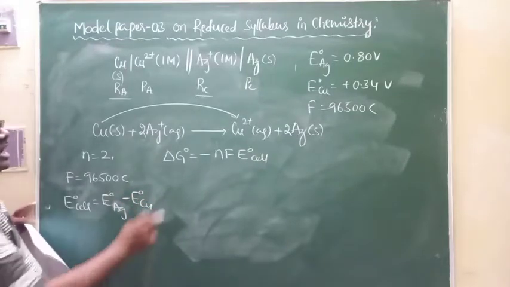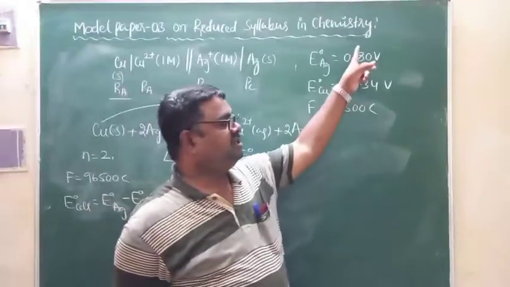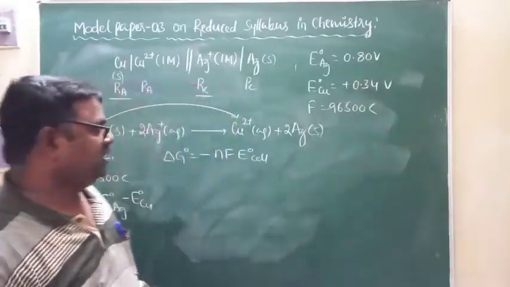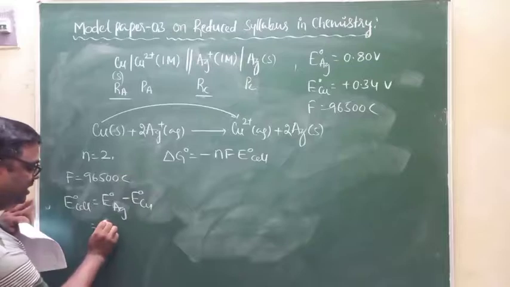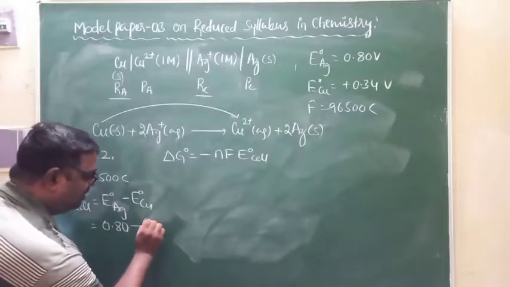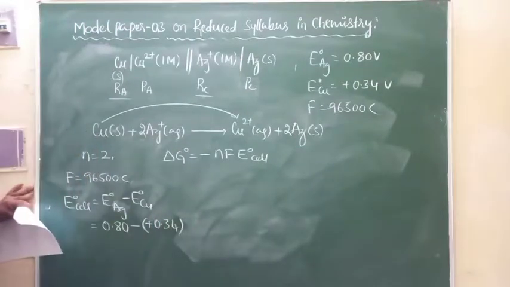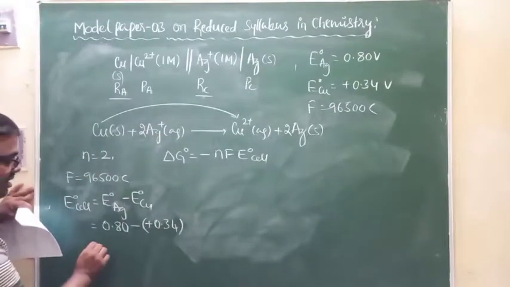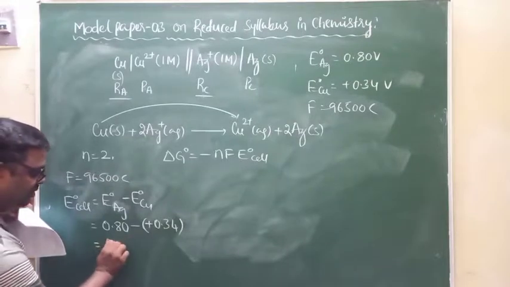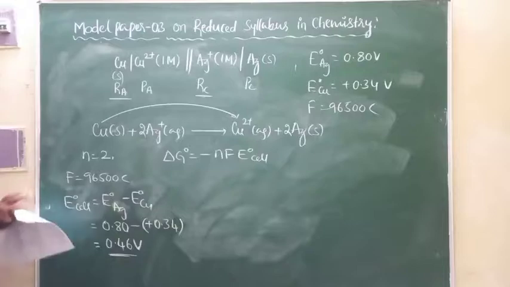Cathode is silver, because the standard electrode potential of silver is greater than that of copper. That's why 0.80 minus 0.34, the standard electrode potential of copper, comes out to be 0.46 volts. This is E naught of cell.